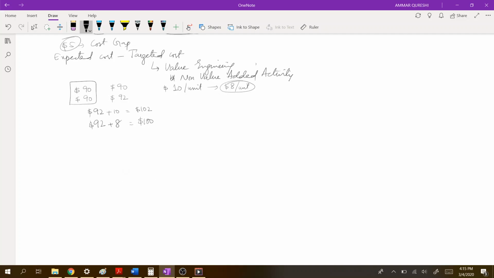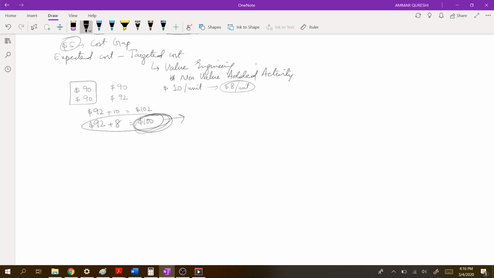Now, the preferable option is this $100. We can compromise on profit and launch our product at $100, because this $100 is the selling price that is suitable to the market. We are not in a position to introduce a selling price on our own.